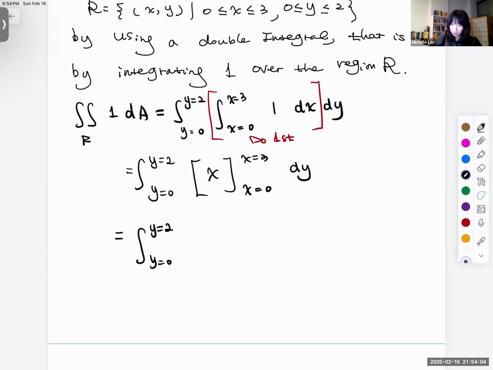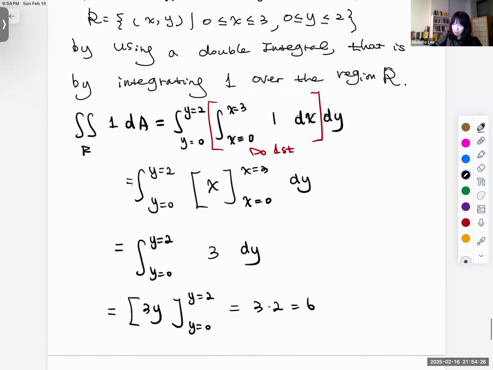So 3 minus 0 is 3. And we want to integrate with respect to y. Then we have 3y. And then evaluate from y equal to 0 to 2. So we have 3 times 2 minus 0, which is 2, right? Which is 6. Yeah? Can you see that?